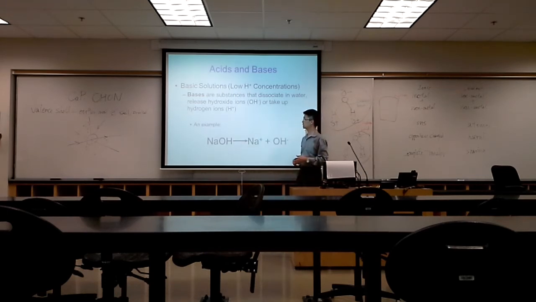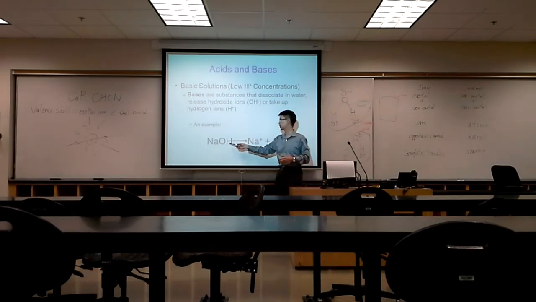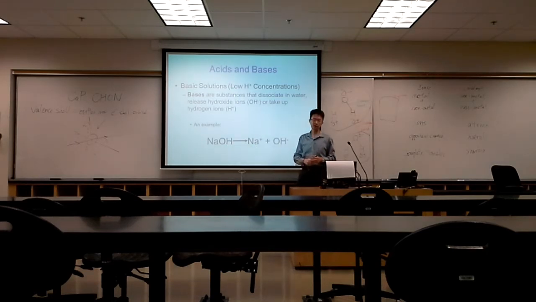The example of the first one, releasing hydroxide ion, is sodium hydroxide. When we dissolve sodium hydroxide into water, it will dissociate into sodium ion and hydroxide ion. So it fits the first definition: you will release hydroxide ion. Remember, this sodium ion is the same as the table salt sodium ion.